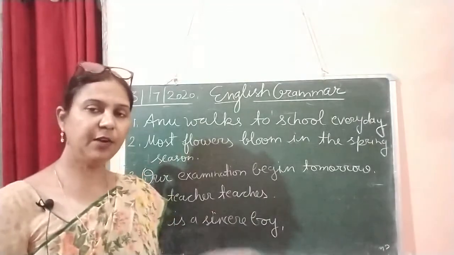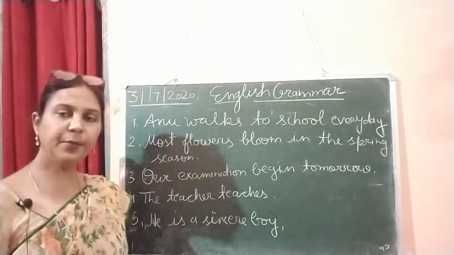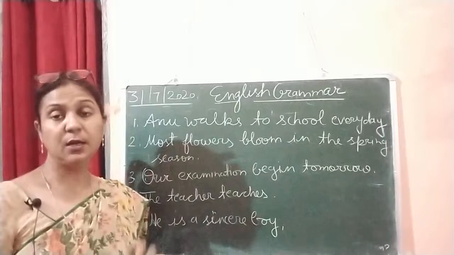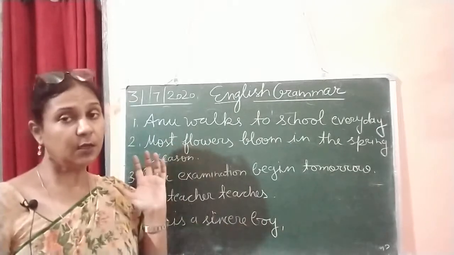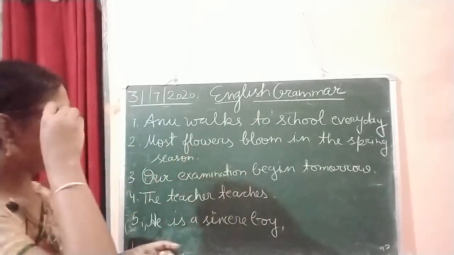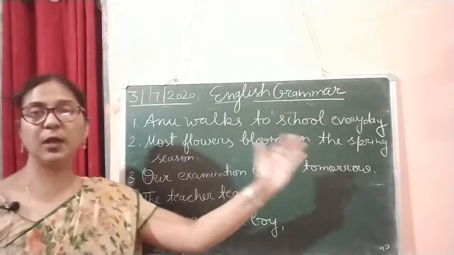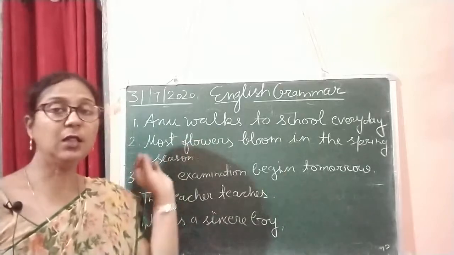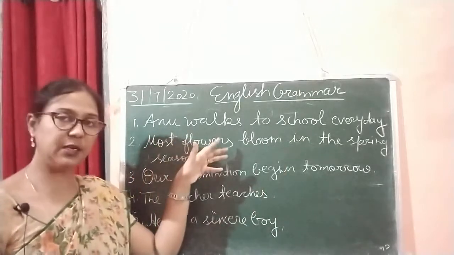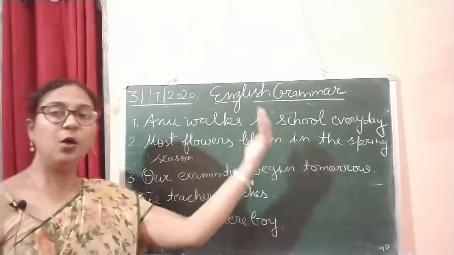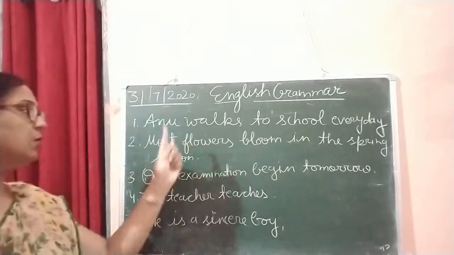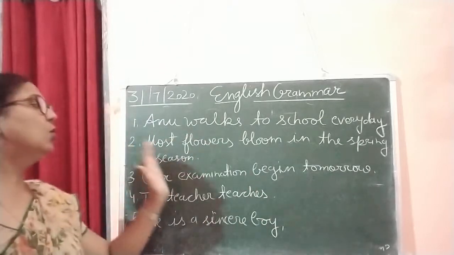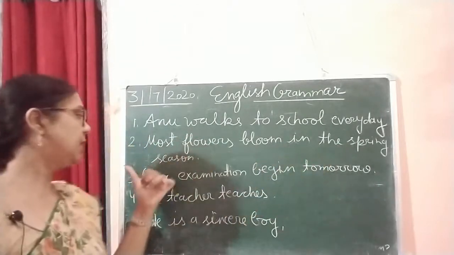So children, I have written some examples of simple present tense from which we can understand how simple present tense works. Now here you can see, Anu walks to school every day. It shows the habit or routine of Anu. Here we have used simple present tense to show the routine of Anu. Now in the second example, most flowers bloom in the spring season.